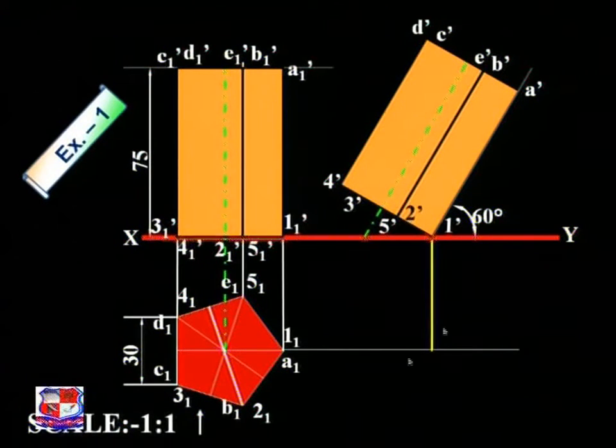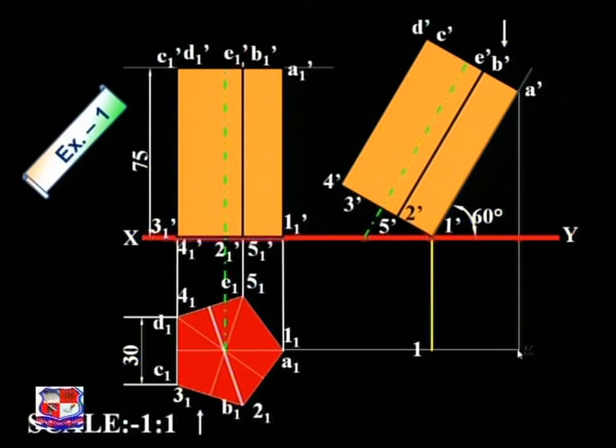Now to draw its top view, let me transfer the points from this top view and this front view. So for that, if we're looking from here, this face ABCD would be visible. So let me first transfer points A, B, C, D. Vertical line from point A dash, horizontal line from point A1, both will cut at this point.